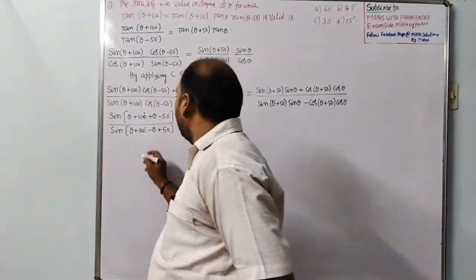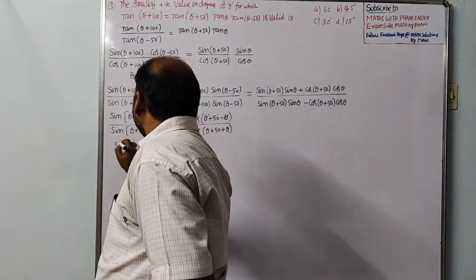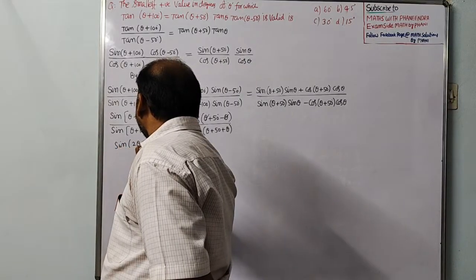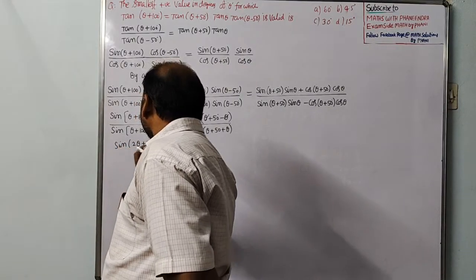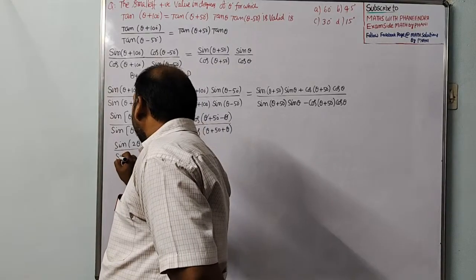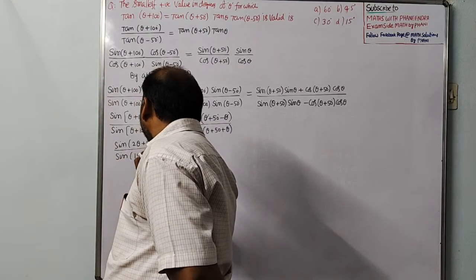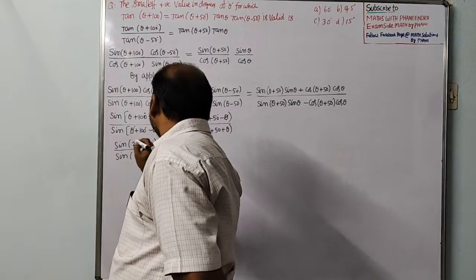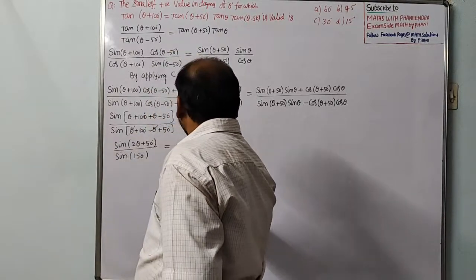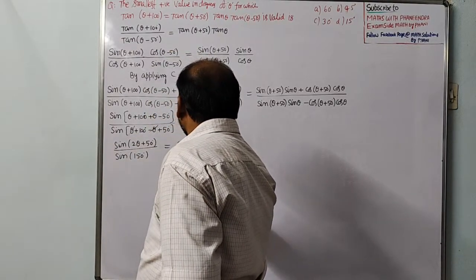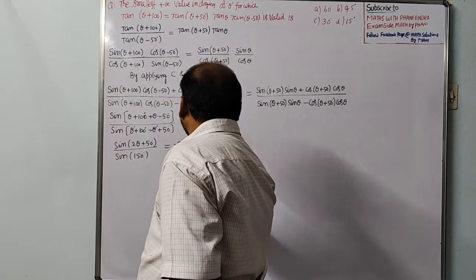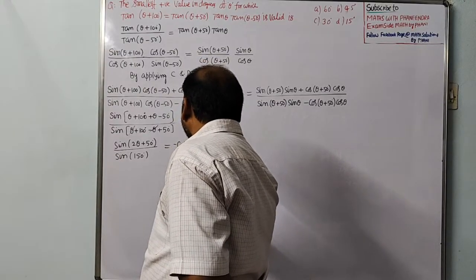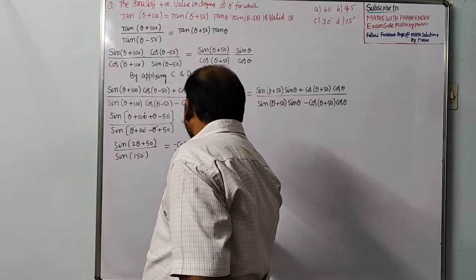Okay. Now numerator sin of 2 theta plus 50 by sin 150 is equal to cos 50 degrees, here minus I am taking here only, by cos of 2 theta plus 50.